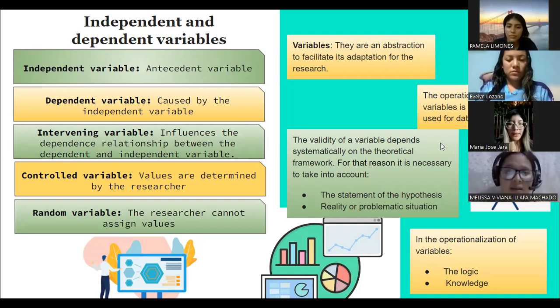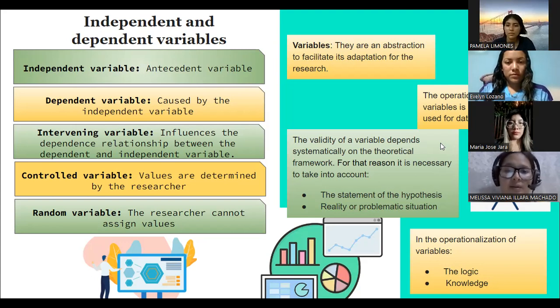The dependent variable will be the response, outcome, or aspect of language that is measured or observed as a result of the independent variable.